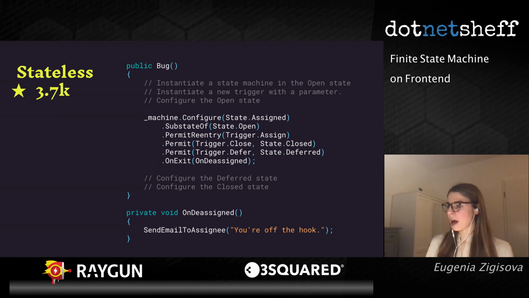And here is how they permit other transitions. For instance, on close, the machine transitions to closed, on deferred to deferred. And they also handle some side effects. When you exit this assigned state, you run the OnUnassigned function, which sends an email to the assignee that they're not assigned anymore.